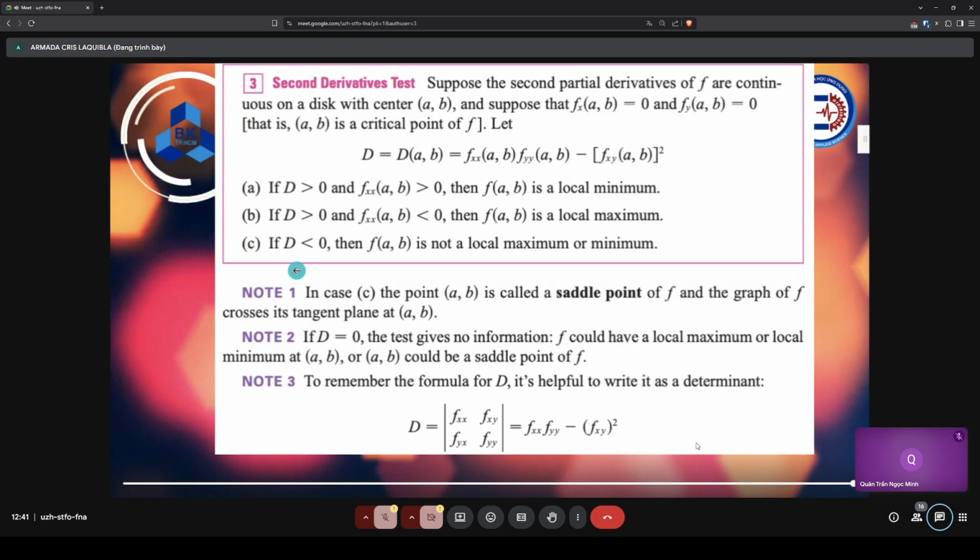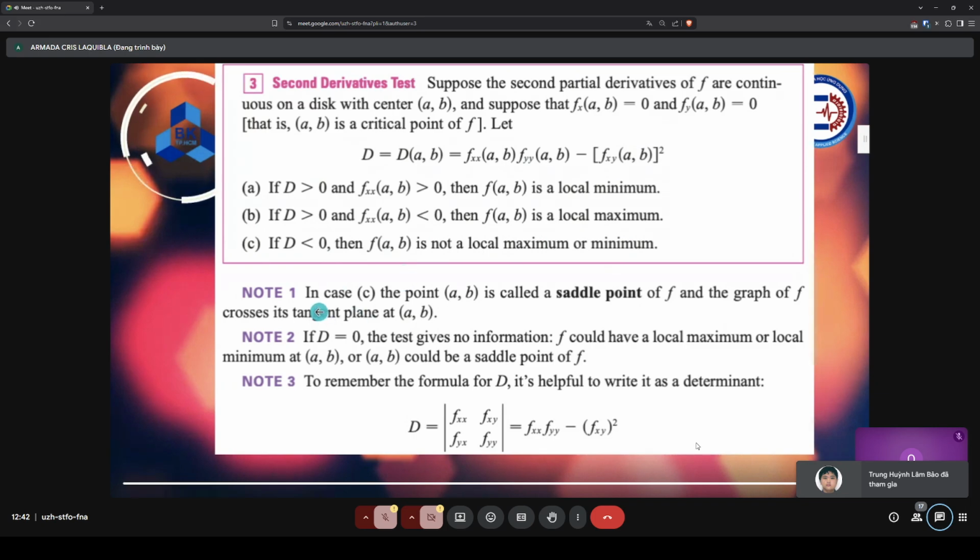Now if your D is negative, it becomes negative because sometimes the square of fxy is larger than the product of the two. So if your D is negative, then f(a, b) is not a local maximum or minimum.